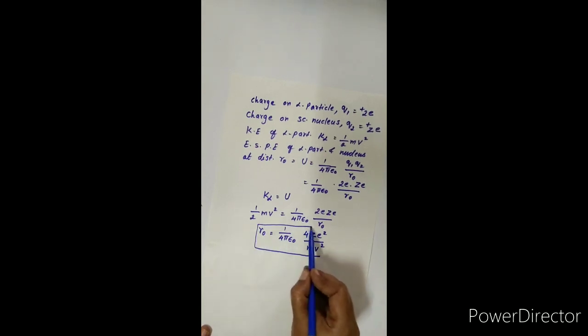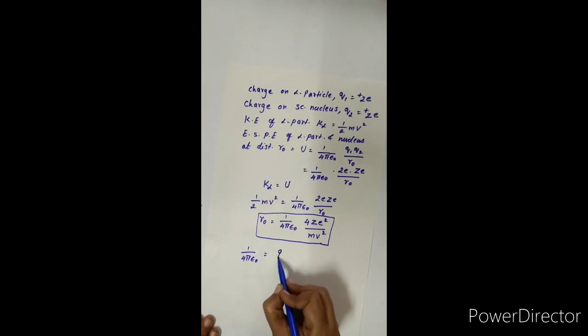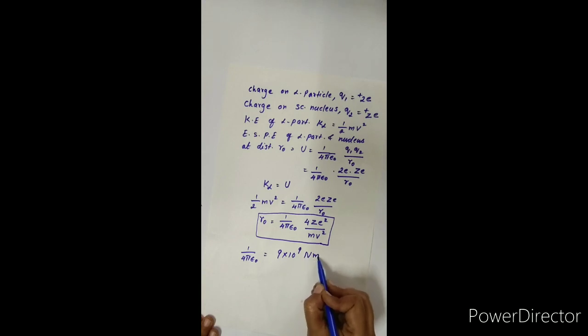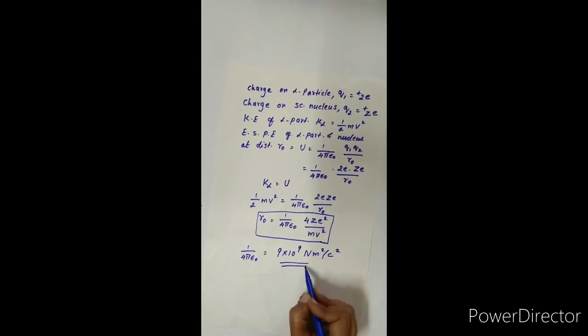This equation is important for numericals, where 1 by 4 pi epsilon 0 equals 9 into 10 raised to 9 newton meter squared per coulomb squared. This you already studied.